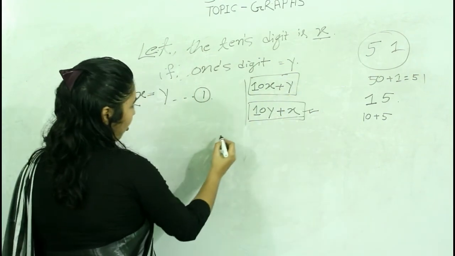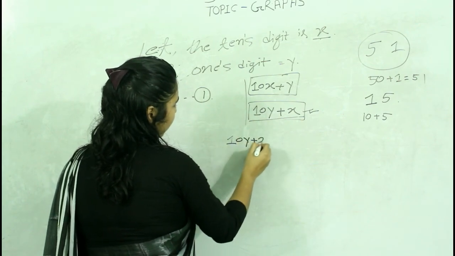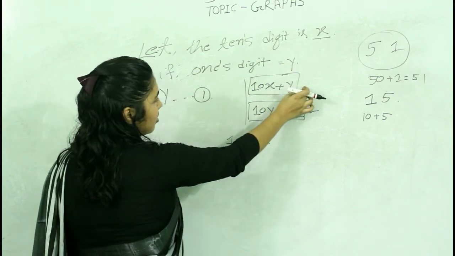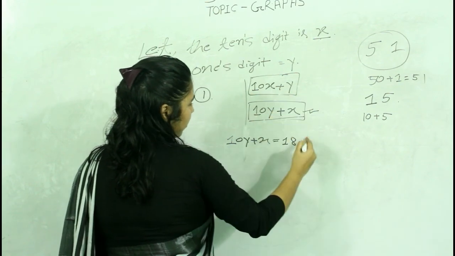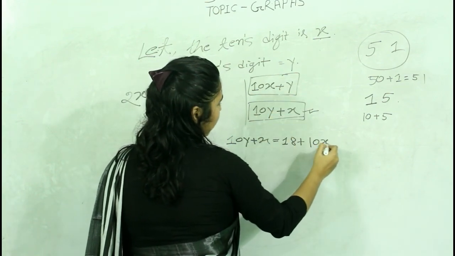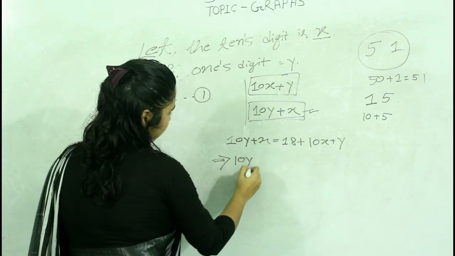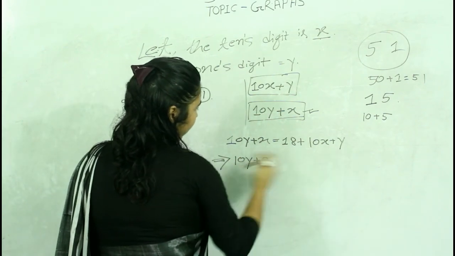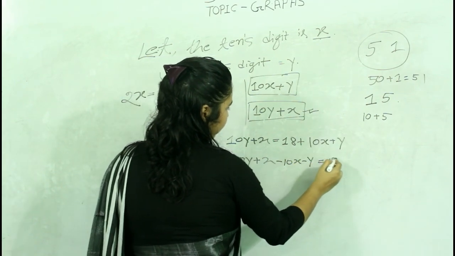That means we can form our second equation, which is 10y plus x is 18 more than this number. That means add 18 with this number: 18 plus 10x plus y. Now take this 10x and y this side, which is minus 10x minus y is equal to 18.